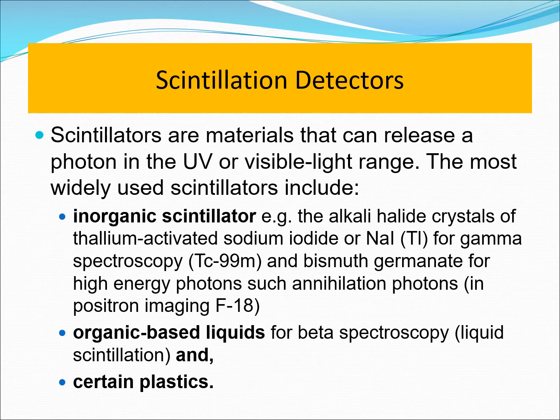Scintillation detectors have a component within them, which is the scintillator. Scintillators are materials that can release light very easily, and the light photons are within the UV or visible light range. The most commonly used scintillators include inorganic scintillators.